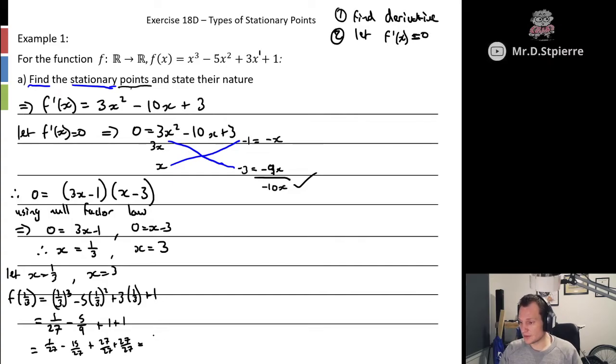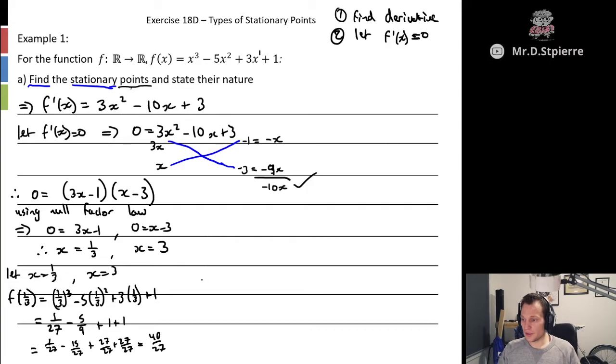That gives us 1, take away 15, that's going to be minus 14. 27 times 2 is 54, plus 54, take away 14 is 40, so we get 40 on 27.